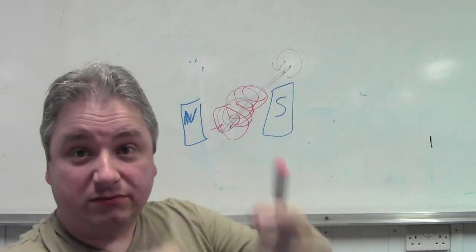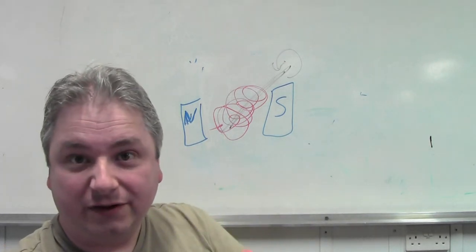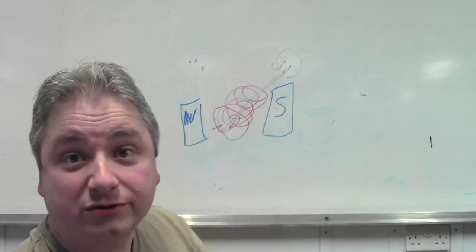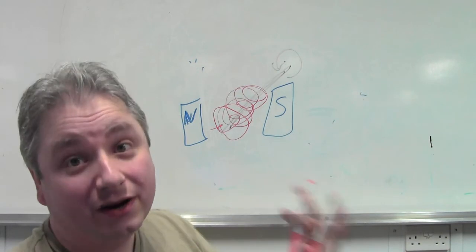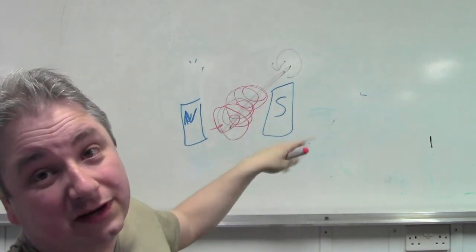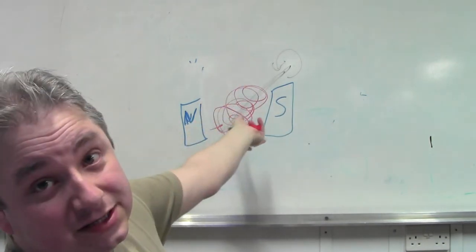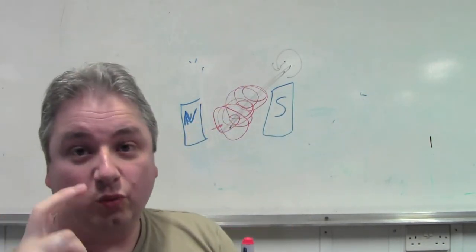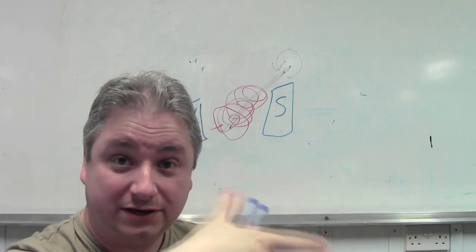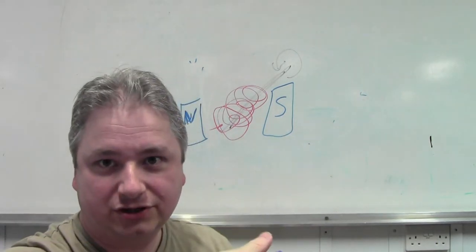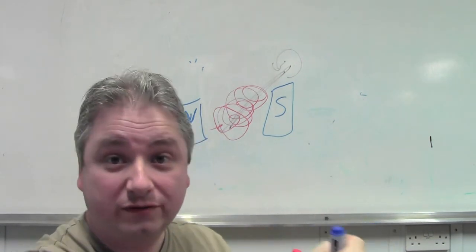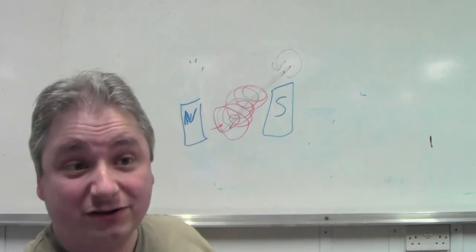As this conductor spins through the magnetic field, the field is so strong it dislodges your electrons, and hence you get current flow. Trouble is, you've got north and south, and this spins. So one minute your electrons are being flung in one direction because it's going north to south, and the next minute it's spun round 180 degrees, it's now south to north, which means the electrons get fired in the other direction.